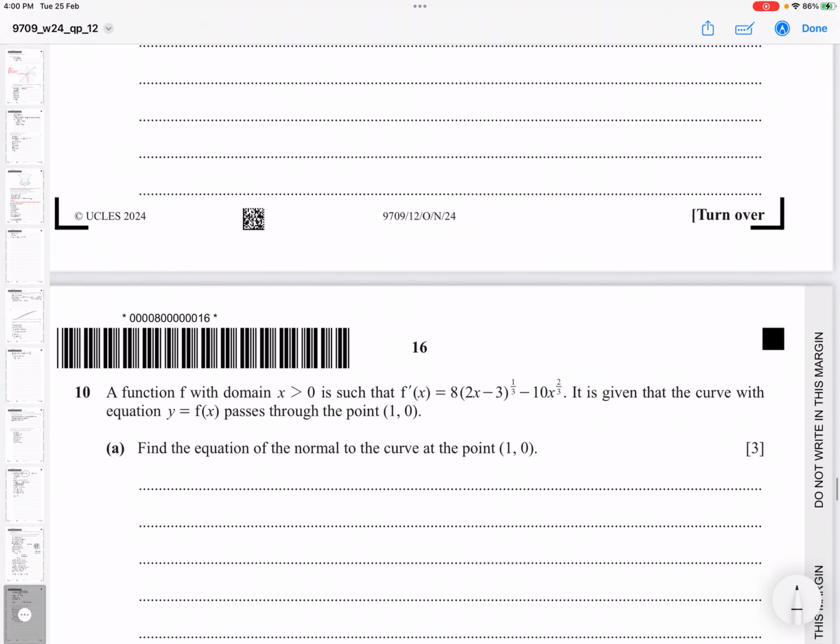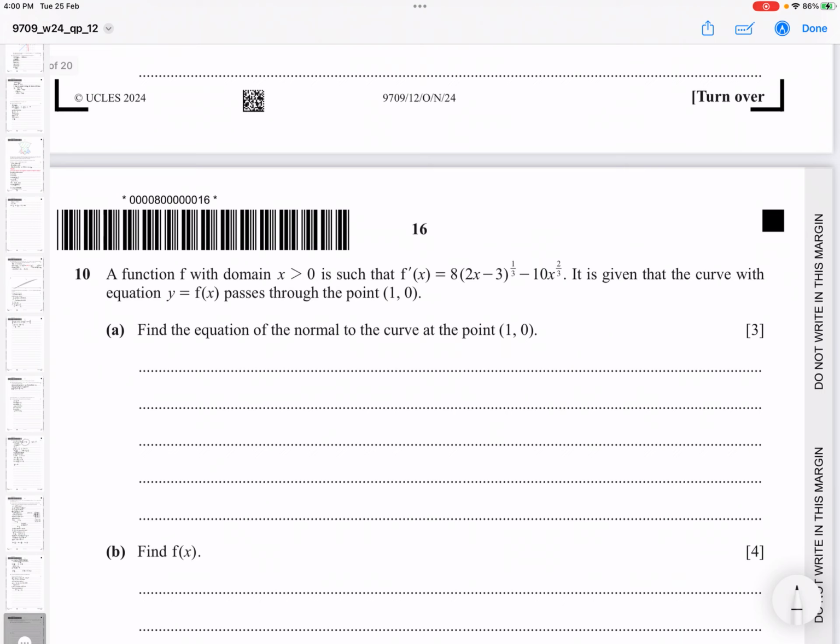Question number 10. A function f with domain x greater than 0 such that f prime x, which means differentiation, is this. It is given that the curve with equation y is equal to f of x passes through the point 1, 0. Find the equation of the normal to the curve at point 1, 0. So points are given.